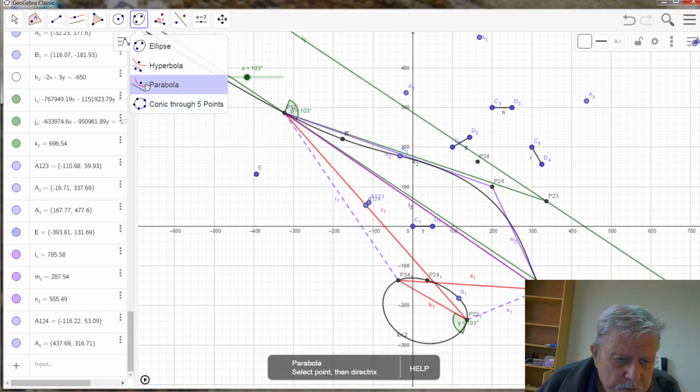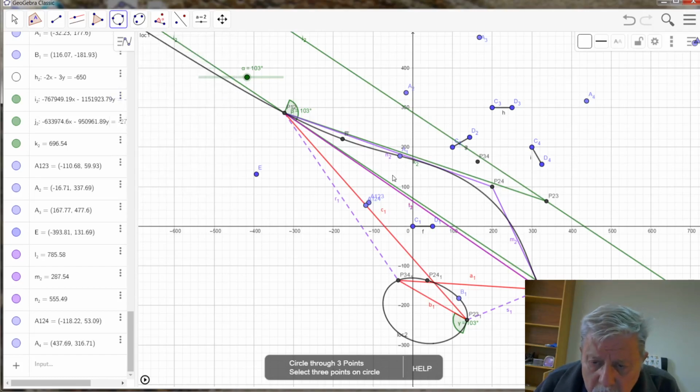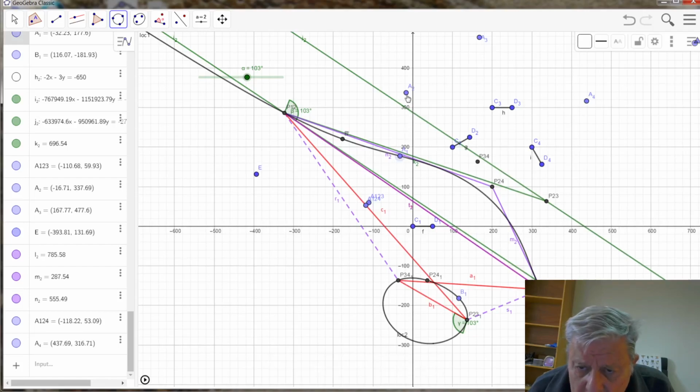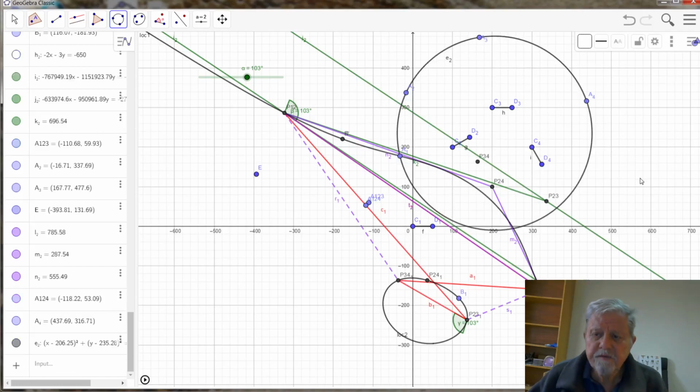I'll take a 3-point circle and let it pass through A1, A2, A3, and A4. Can you see it? Those 4 points lie on a circle.